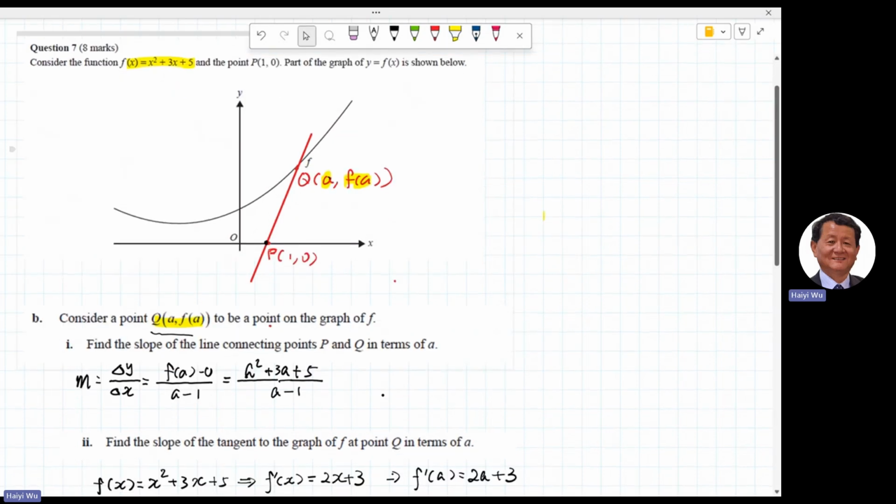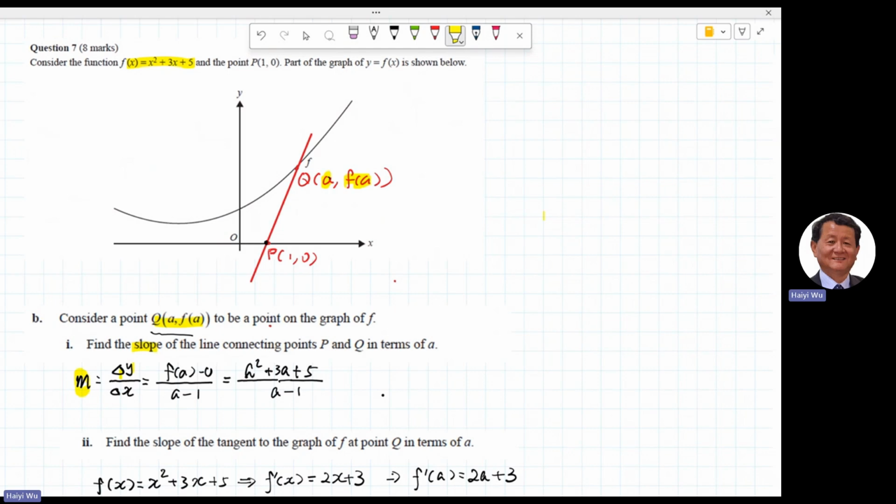We need to find the gradient or slope of the line connecting P and Q. So we use m, the gradient, equals delta y over delta x, rise over run. Increase of y divided by increase of x.